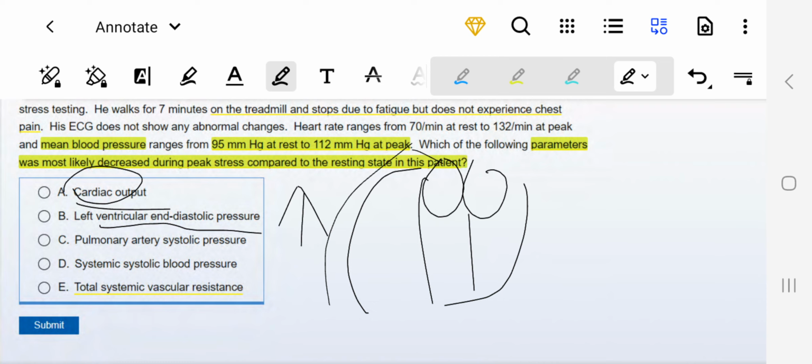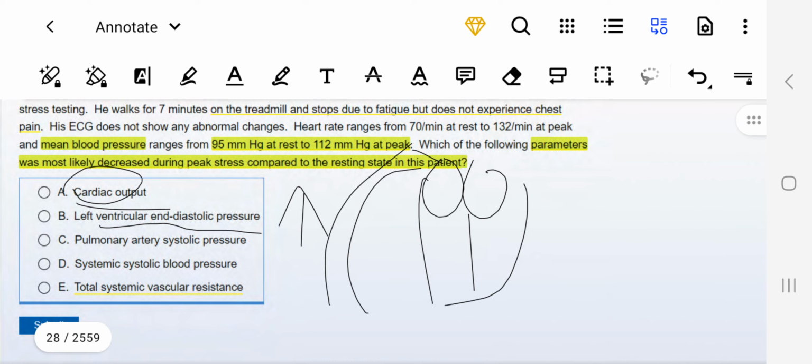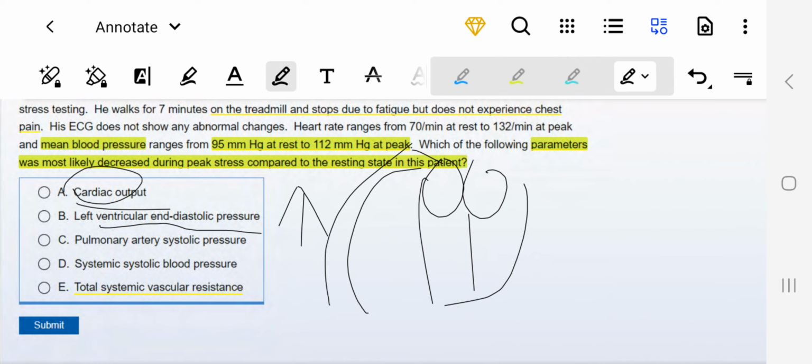With that, end diastolic pressure will also be increased, so both are increased. Pulmonary artery systolic pressure is also increased. And with that, systemic systolic blood pressure is also increased because of preload. So the correct option is total systemic vascular resistance, that is decreased.